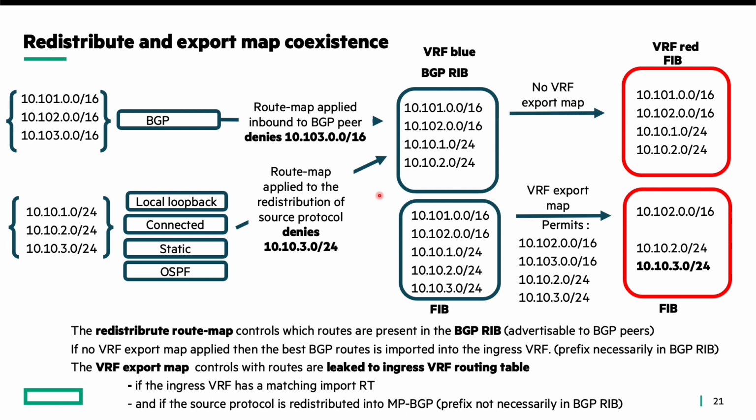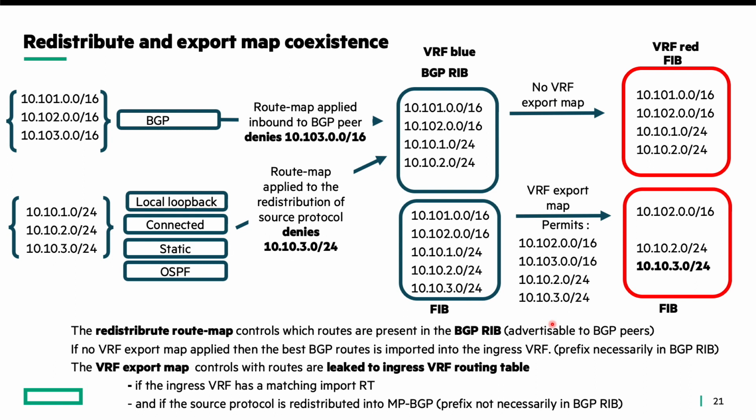It gives us much more flexibility, because it can happen that you want to forbid a prefix from being installed in the BGP table, because if it's not there, it's definitely not going to be in the BGP table of the VRF either.